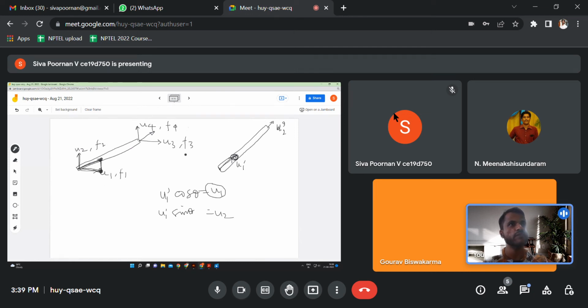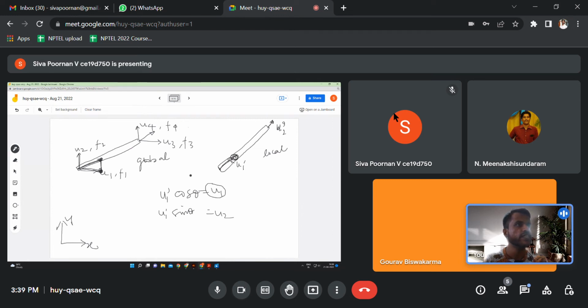There are many members, and in the global sense we have an x coordinate and a y coordinate, and that's why we took these as u1 and u2. We are not seeing how the member is inclined. And these are called local coordinates because they are inclined along the direction of the member itself. So these are local coordinates and these are global coordinates.